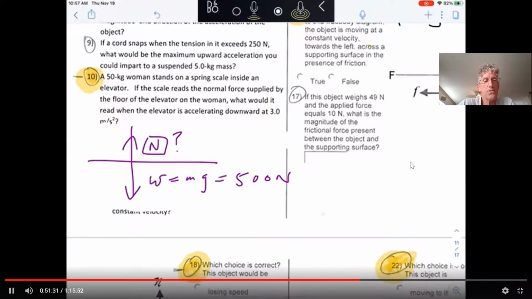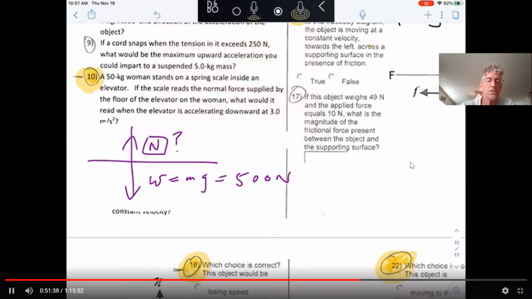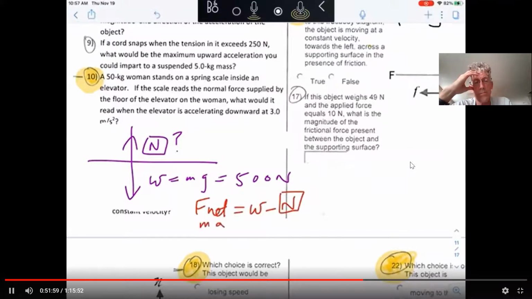I know F net equals ma, and I know F net equals the bigger minus the smaller, W minus N. So I could equate those two. F net equals 500 minus N, the weight minus N, but it also equals ma. So I can solve for it. 50 times 10 is 500.